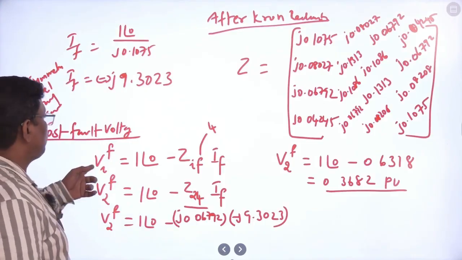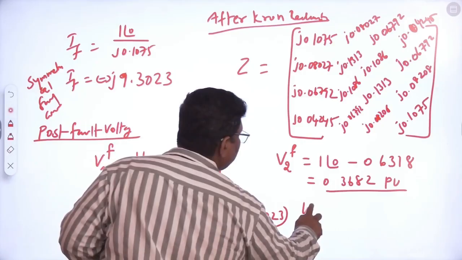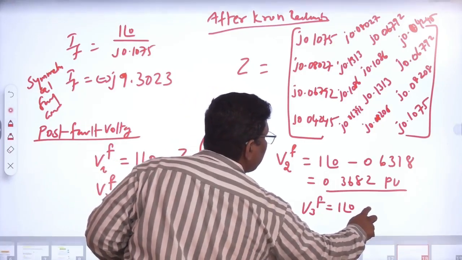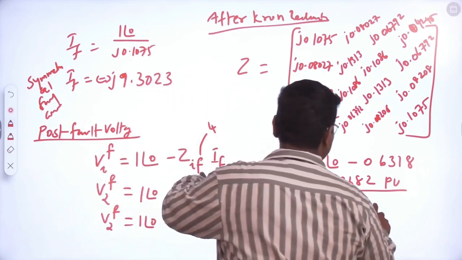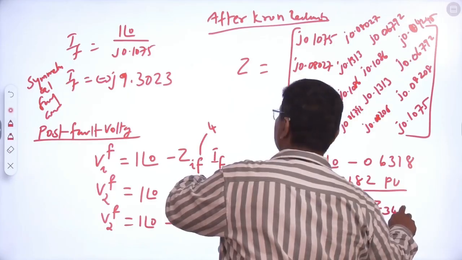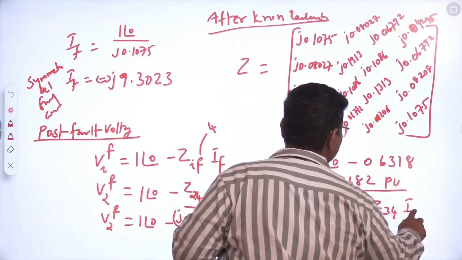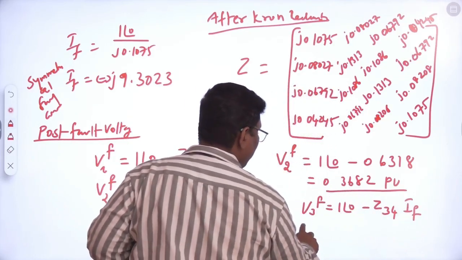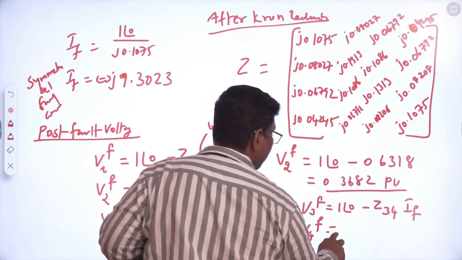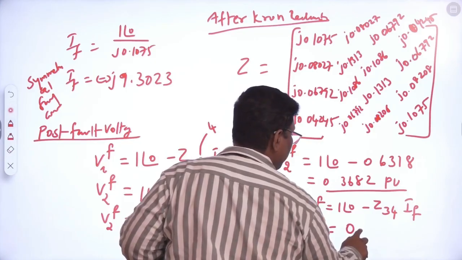In the same manner we can calculate the other two bus voltages, that is, the post fault voltages. For bus number 3 we use V3F, which is equal to 1∠0° minus Z_iF, where i is 3 and the fault location number is 4, so I_F. We know very well the fault occurs in the fourth bus, so V4F is nothing but 0 per unit.